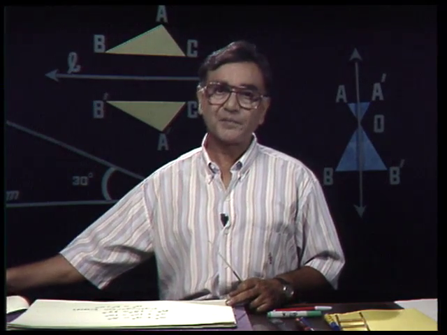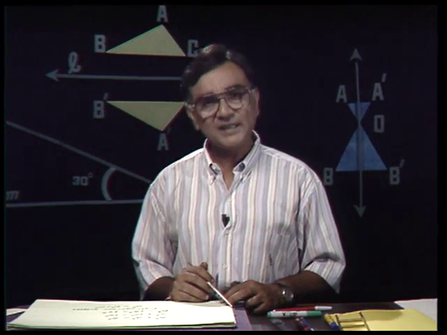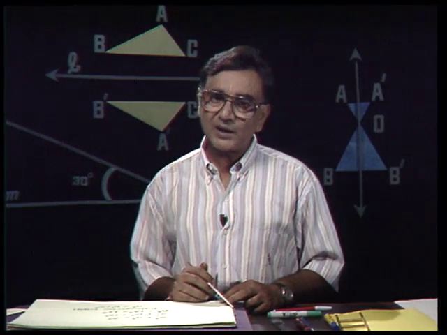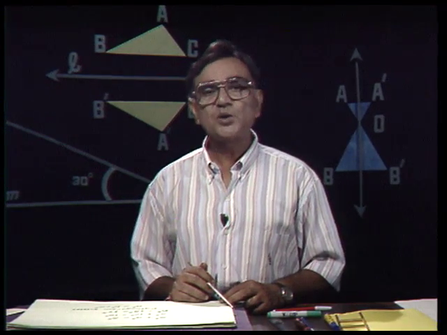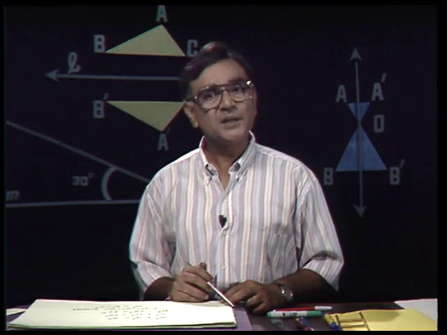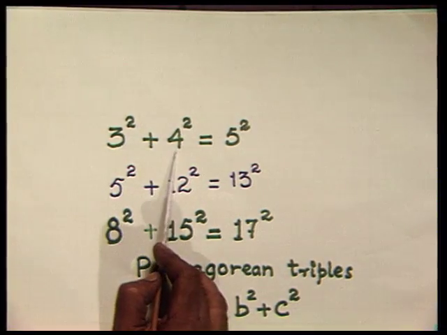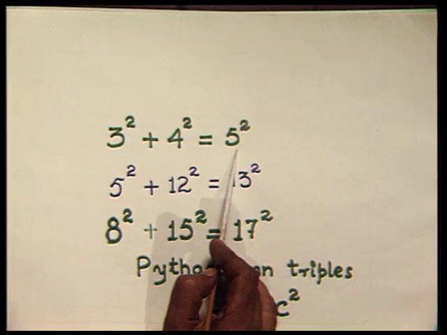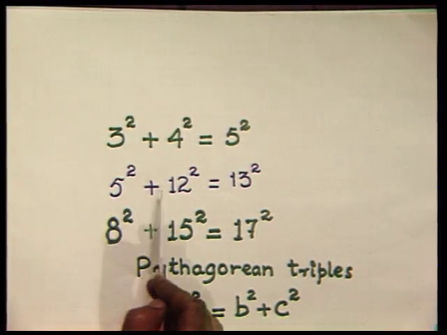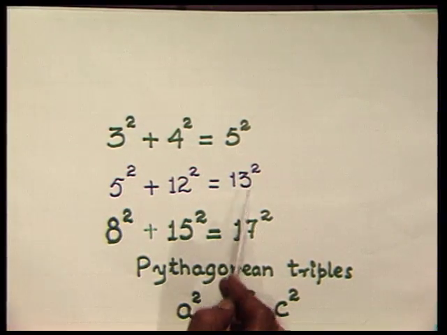Now, if we have three numbers which satisfy this condition, that is, the square on one number plus the square on another number is equal to the square on the third number, then these numbers are called Pythagorean triples, like 3 squared plus 4 squared is equal to 5 squared. If we take 5 units, that is 5 squared plus 12 squared equals 13 squared.